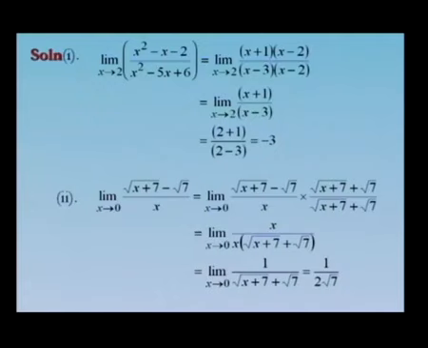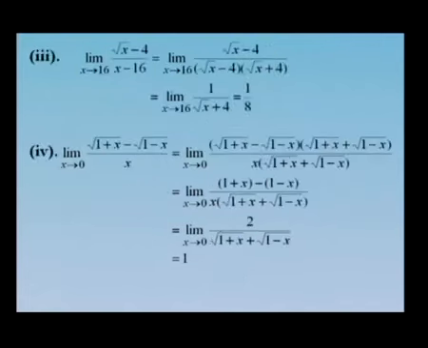So we rationalize this and we get limit x tends to 0, x upon x times (square root x plus 7 plus square root 7). x cancels x, so it is equal to limit x tends to 0, 1 upon (square root x plus 7 plus square root 7), and now we can substitute x equal to 0, so we get 1 upon 2 square root 7, which is the required limit.